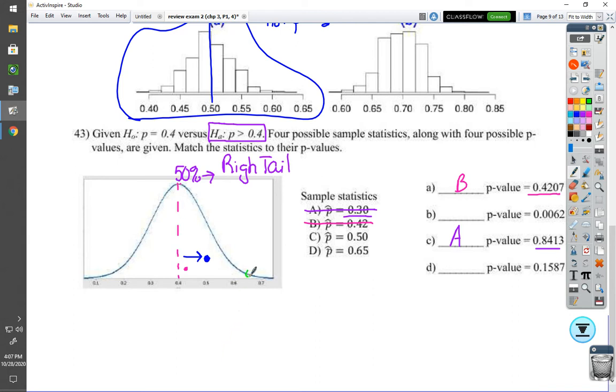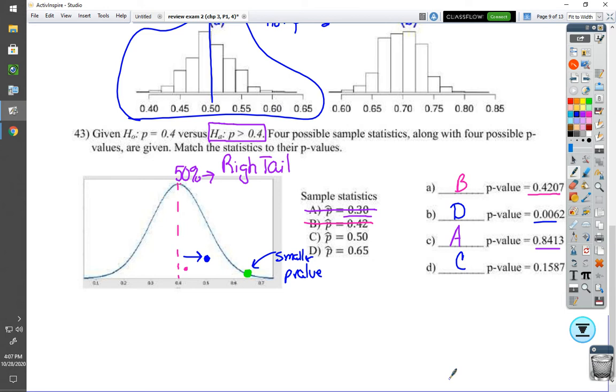It's going to contain a much smaller p-value. So if I compare the difference between these two things, the smaller p-value is clearly 0.062. So I would put the d value here, and that would leave me with the only statistic left, which is the c value for this one.